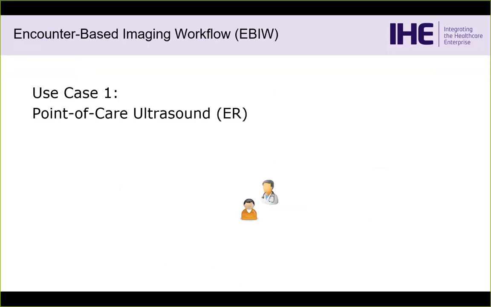So what does that look like? Well, the first pass that we did on this was to look at point-of-care ultrasound. And in a little less real-world view than Chris was providing, you could imagine a clinician in the ER with a patient who decides, I need to have a look with an ultrasound cart that's available in the ER.